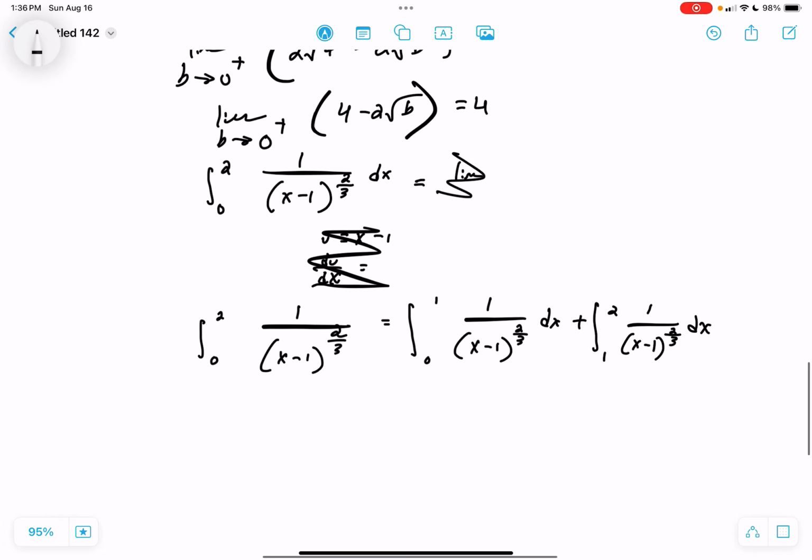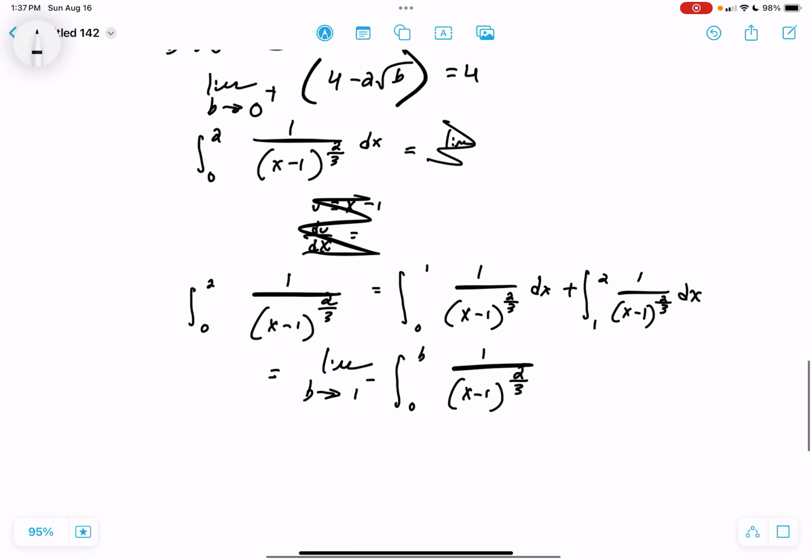Well, I can rewrite this as the limit as b approaches 1 from the left this time of the integral from 0 to b of 1 over (x minus 1) to the 2/3, plus the limit as c approaches 1 from the right of the integral from c to 2 of 1 over (x minus 1) to the 2/3 dx.